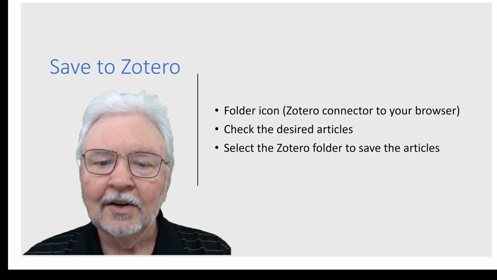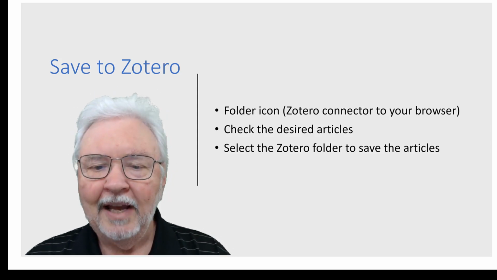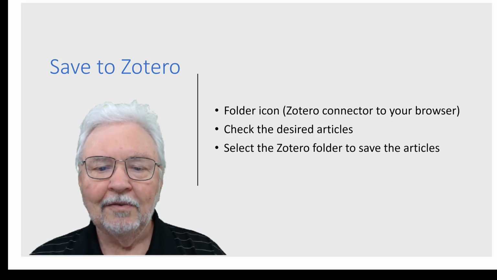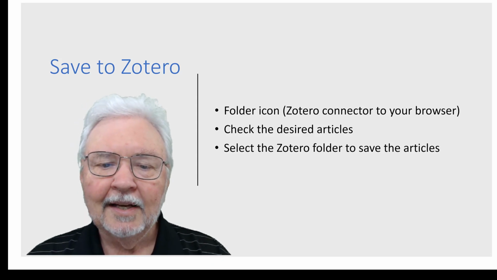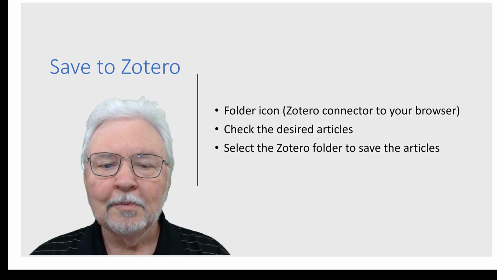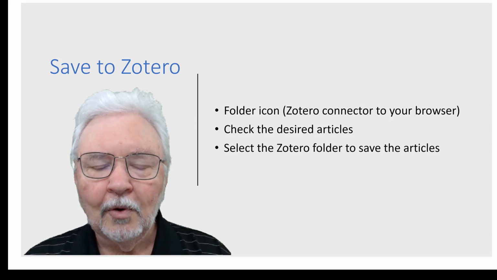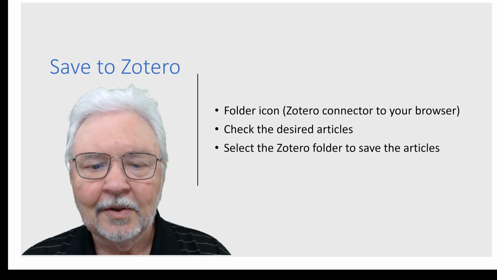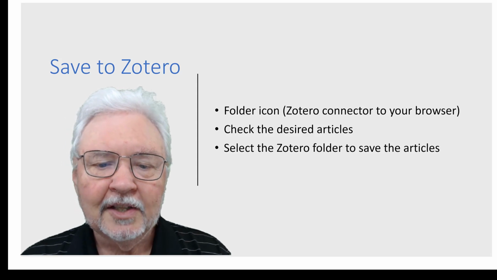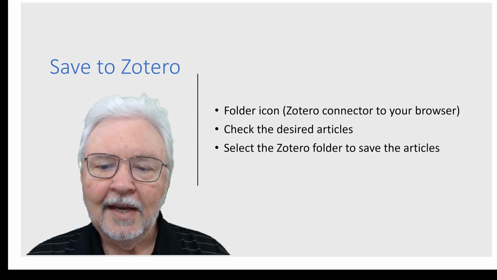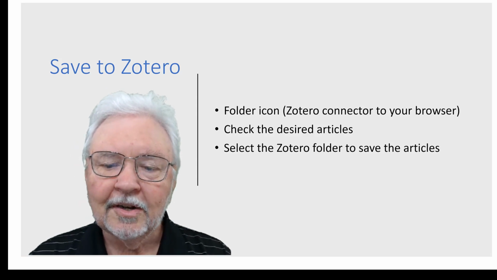It's the Zotero connector. Before, we had looked at a web page and it was a little page icon. Now it's going to be a folder, and it shows up as a folder when there is more than one article or reference that it finds on the web page. We're going to check the desired articles, and then we're going to select the Zotero folder to save the articles.